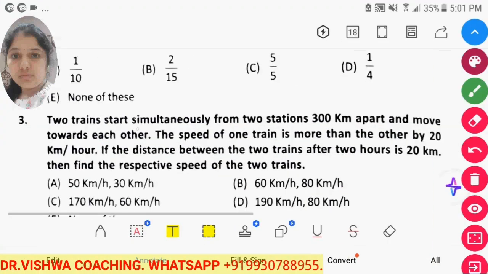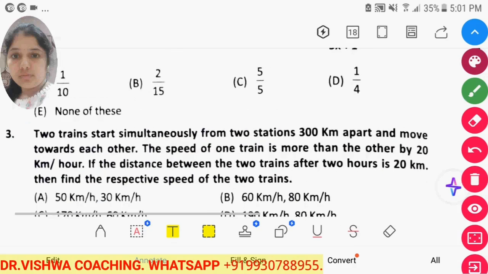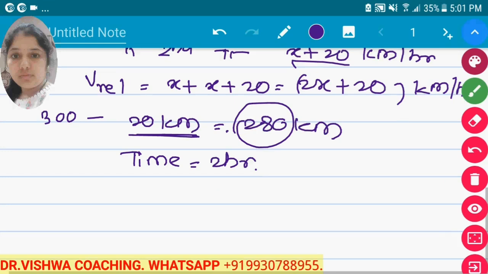See, we will again read the question. Start simultaneously from two stations apart from each other 300 km. Move towards each other. Speed of one is 20 more than the other. Distance between the two trains after 2 hours is 20 km. Okay. So after 2 hours the distance is 20 km.